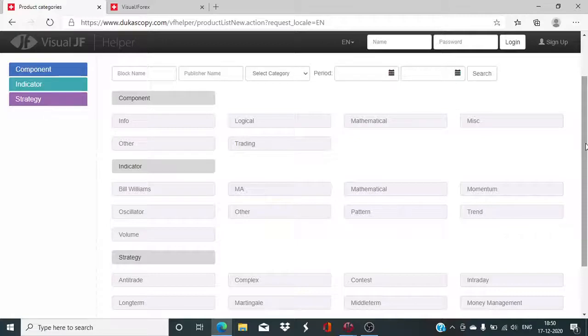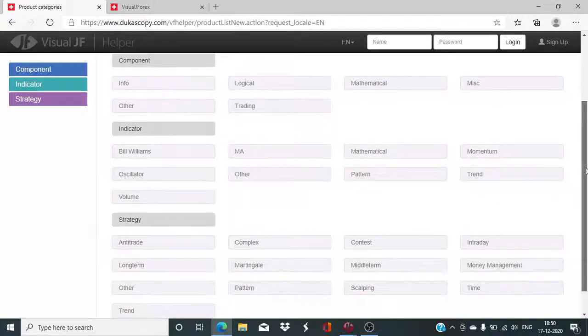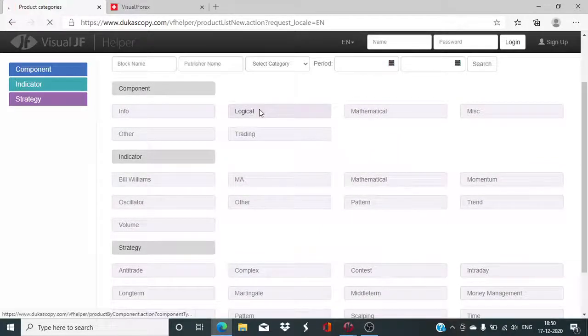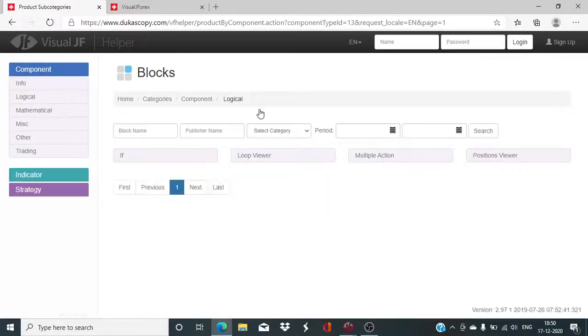You can think of it like it is holding multiple values, and we are going to use any particular value with any particular characteristic at a given period of time, and this component makes our job easier. You will find it listed among the logical blocks. It is here, loop viewer.